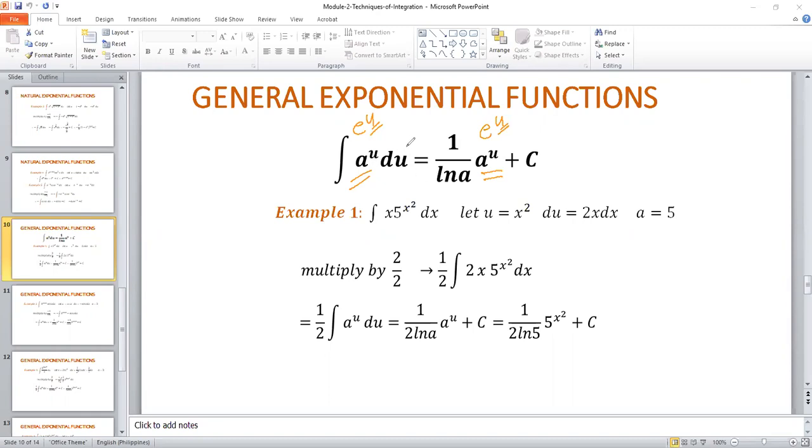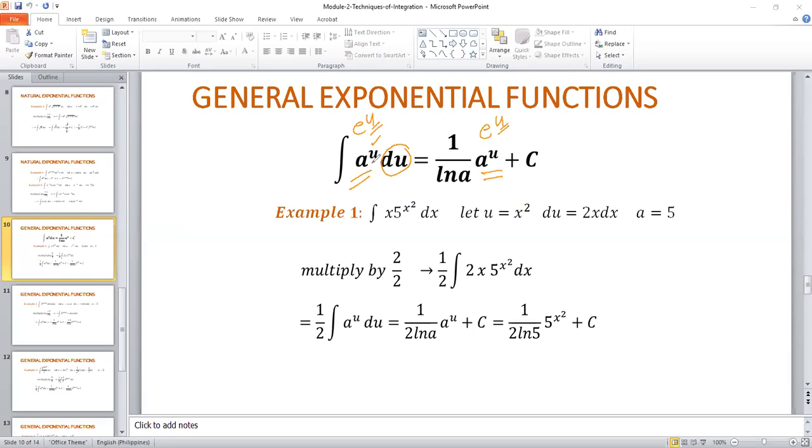Just like the way you view the u in the natural exponential function as the expression that has to have a complete derivative in the du, that should be the same here. You will have this answer for the integral of a raised to u du if and only if the derivative of the argument of your a is complete.